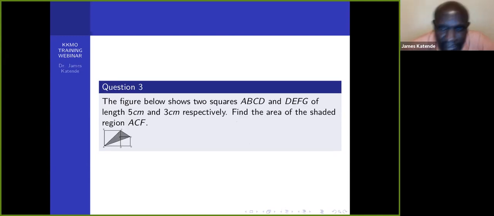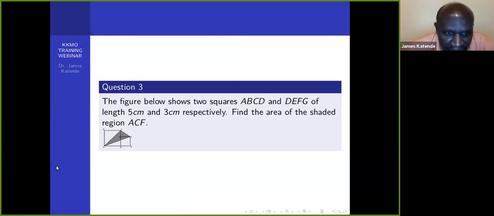So now we have some question with a diagram. I hope you can see the diagram. Don't know if it's too small. So we have a figure. We have 2 squares in the figure, that is A, B, C, D, and D, E, F, G. And the bigger square has side length 5 centimeters, and the smaller one has 3 centimeters.